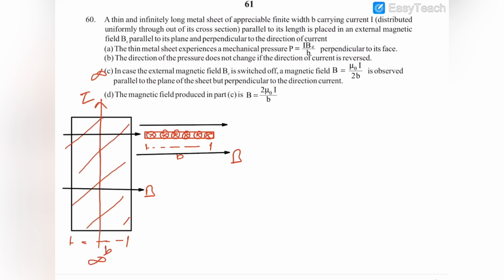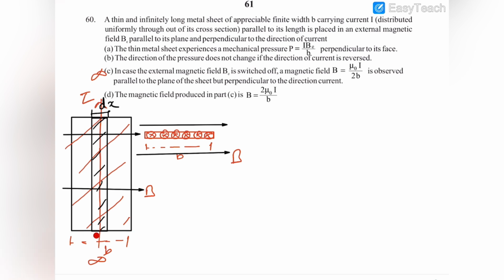We first have to find the mechanical pressure acting on the plate. Let us assume a small element in this sheet, of width dx.